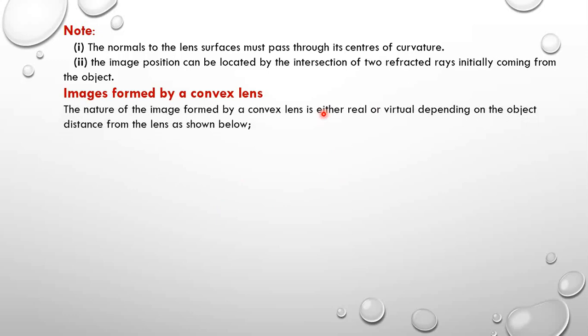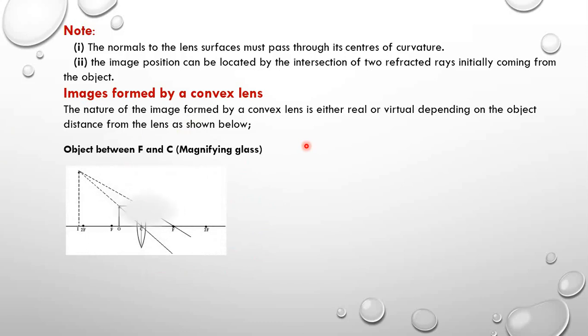Let us look at this. When the object is between F and C, that's between the focal point or the principal focus F and the optical center. This is the optical center. So in this case, this lens will be working as a magnifying glass. Let us see that. So you're going to place your object between F and C, and then you draw a ray parallel to the principal axis.